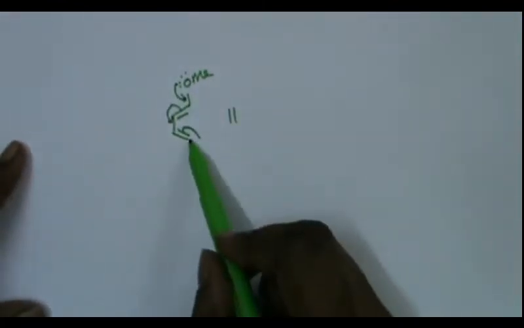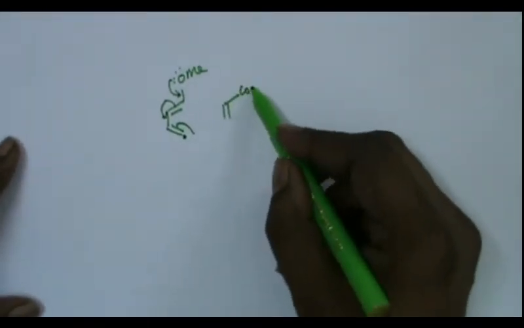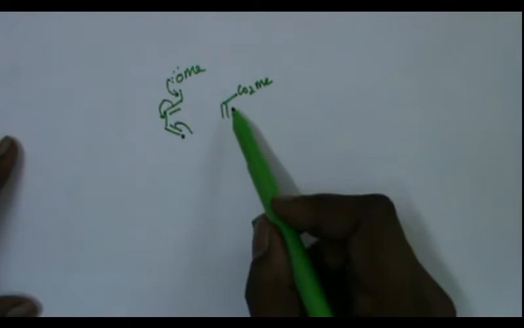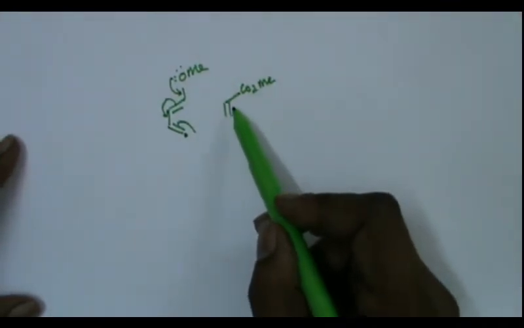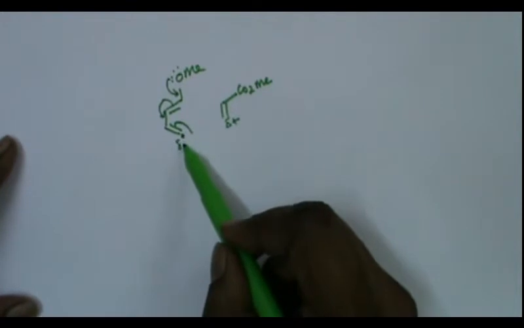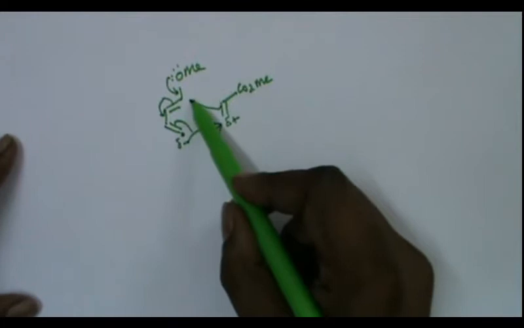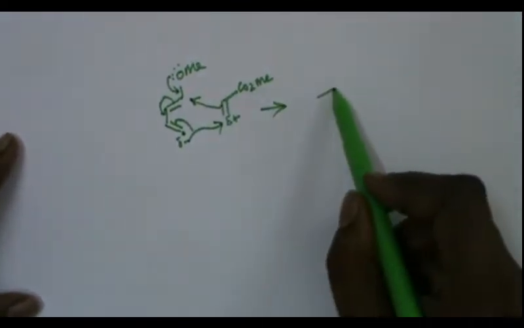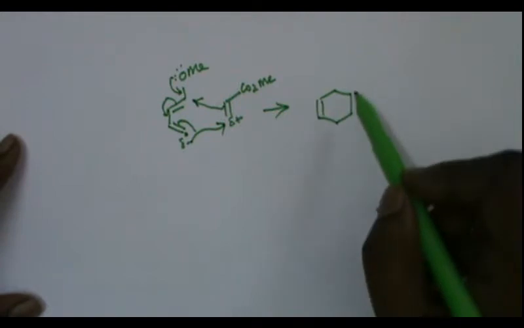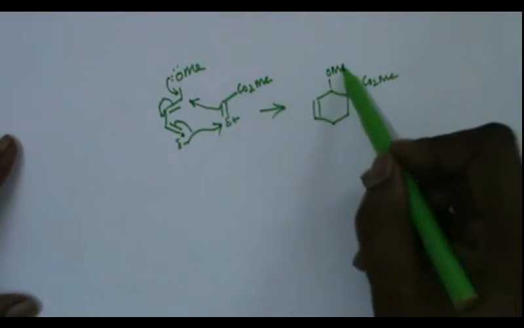The electron richness is more at this carbon, and it attacks the carbon which has less electron density. In the dienophile, an alpha beta unsaturated system, this carbon has delta plus, this carbon has delta minus. So this attacks here, this minus charge goes here. So what we get is a product like this. So that is the 1,2 product.